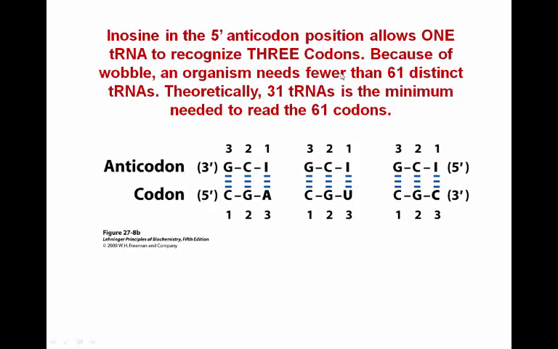Because of wobble, an organism needs fewer than 61 distinct tRNAs. Theoretically, 31 tRNAs is the minimum needed to read the 61 codons. So here's an I and an A, an I and a U, an I and a C.